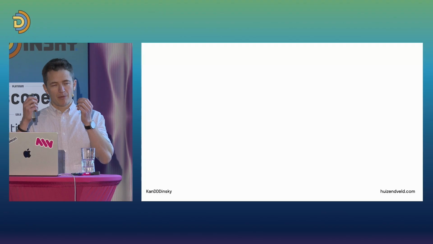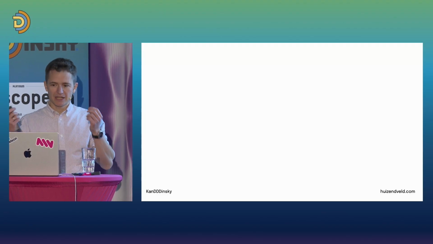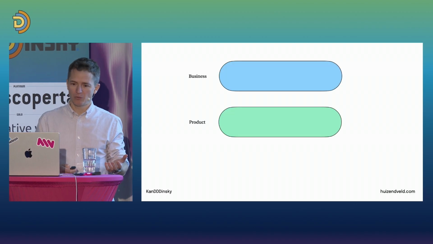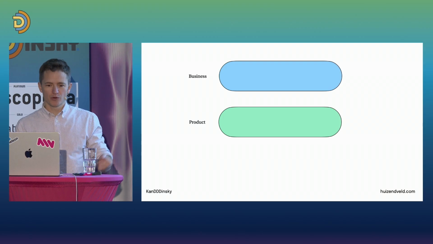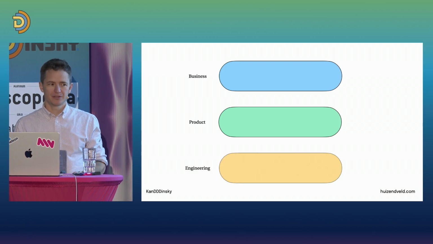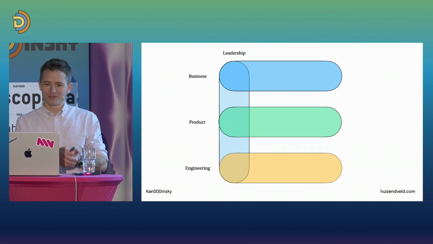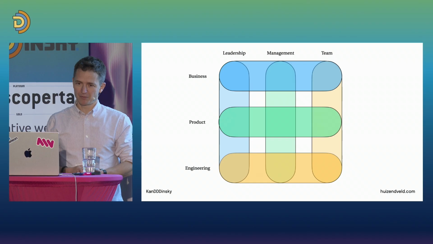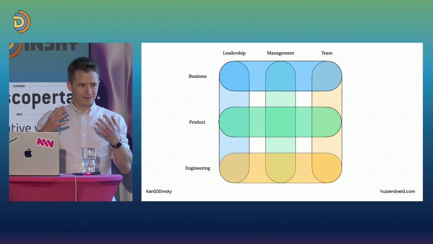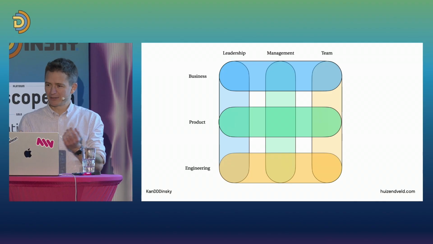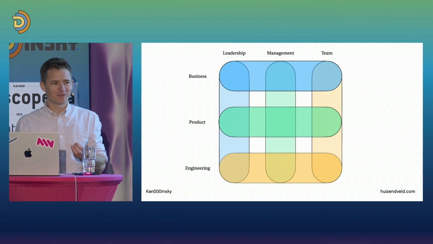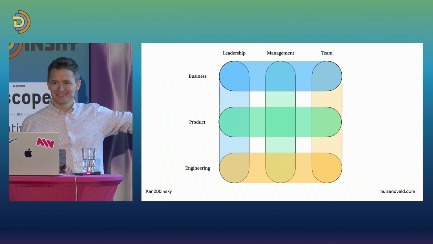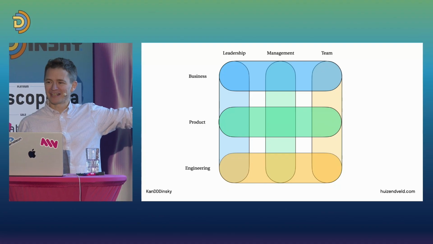And it's important to remember that that portfolio management process happens at an organizational level. So it happens on one hand in the business, in product, and in engineering. But it also happens at different layers: leadership, management, and also the team. And with that, one way to think about it is if you want to be effective, there are 9 people involved here at least, and they can be 9 allies.